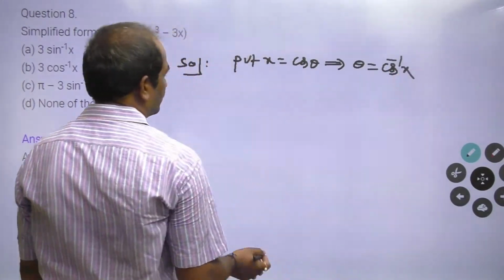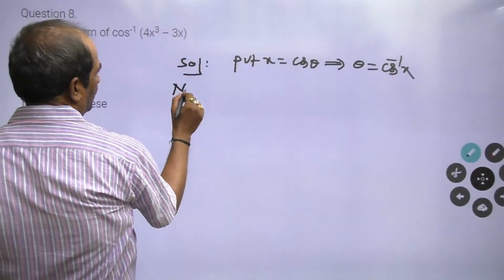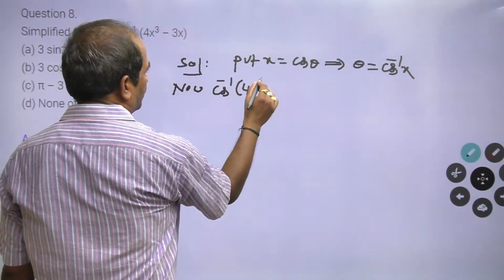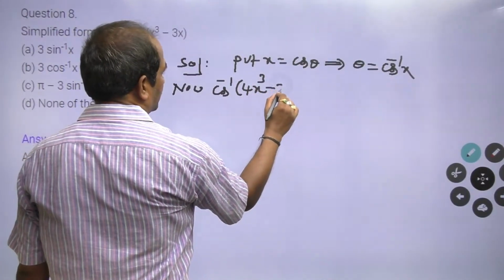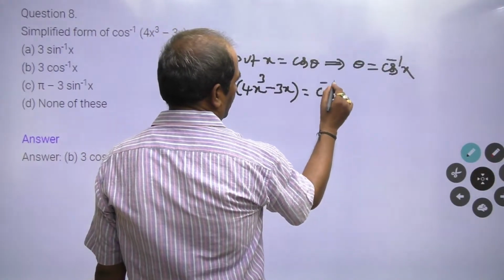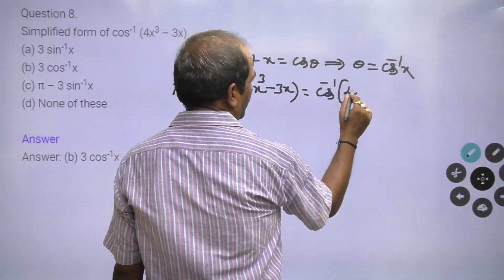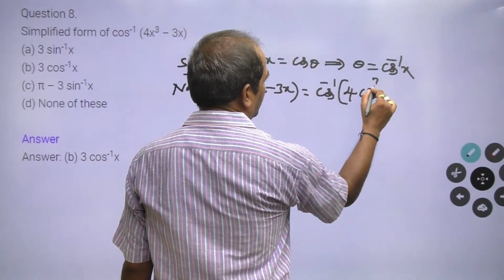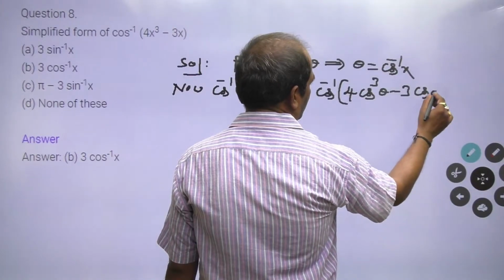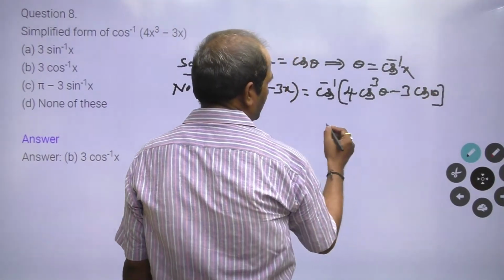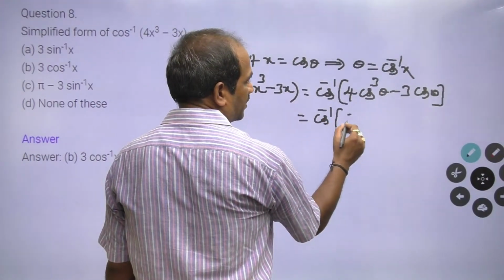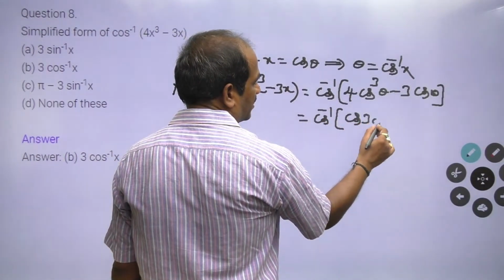Now cos inverse of 4x cube minus 3x becomes cos inverse of 4 cos cube theta minus 3 cos theta, which is cos 3 theta by the formula.